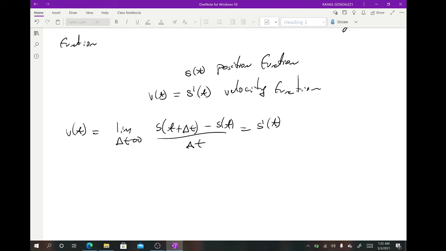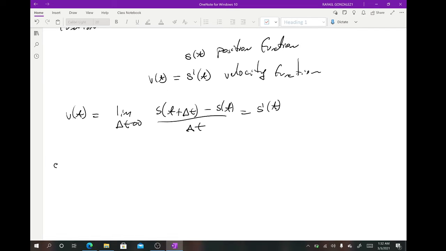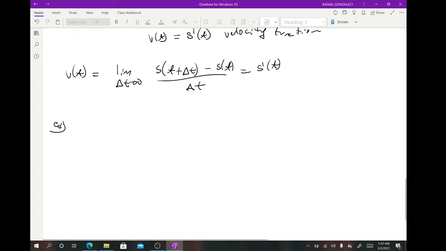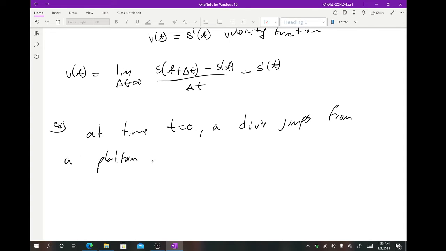For example, let's do one more example to illustrate this. So at a time t equals 0, a diver jumps from a platform that is 32 feet above the water.